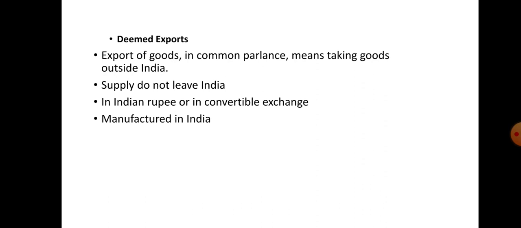The following are the categories of supplies that are considered as deemed exports under Section 147 of the CGST Act 2017. First is the supply of goods by a registered person against advance authorization. Secondly, capital goods supplied by a registered person against EPCG.